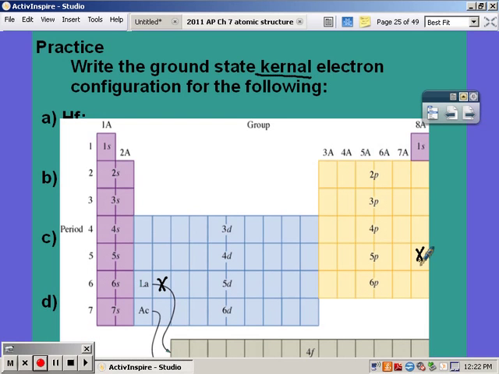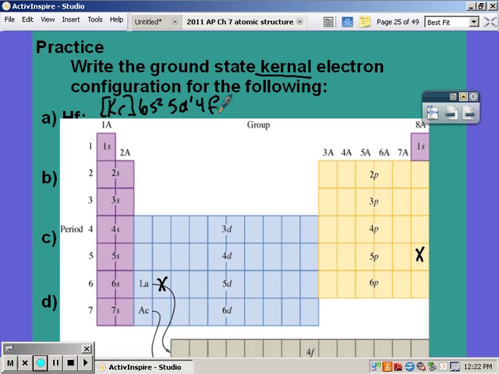So we're starting at krypton and we need to put that in brackets. And then we're going to start there. So that's 6s2, 5d1.